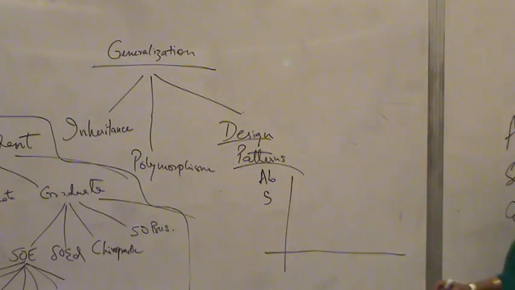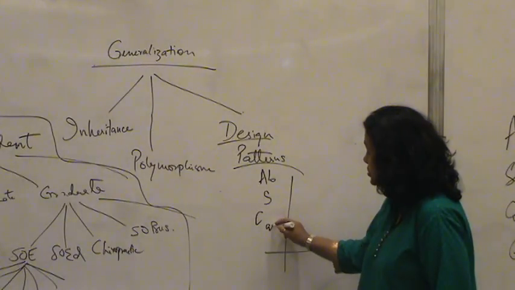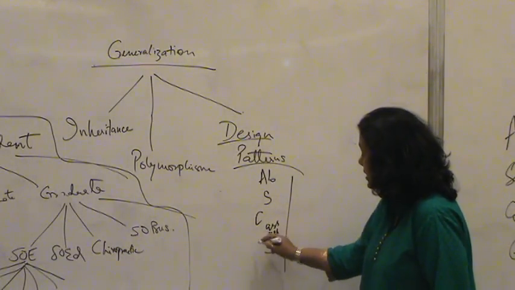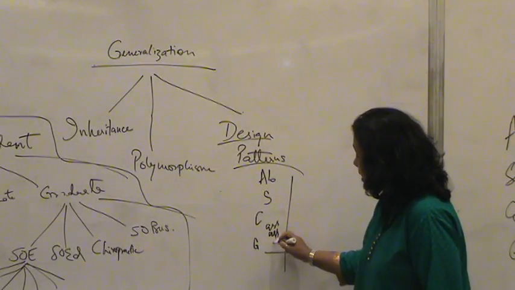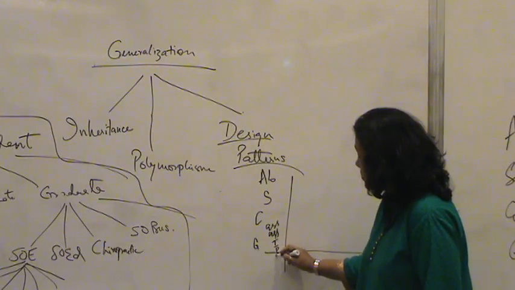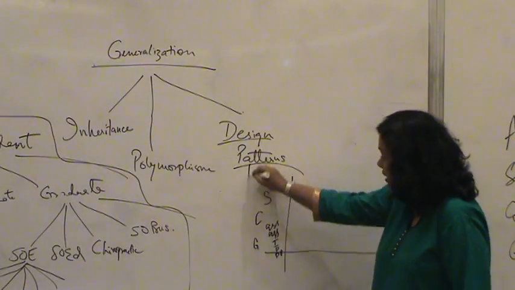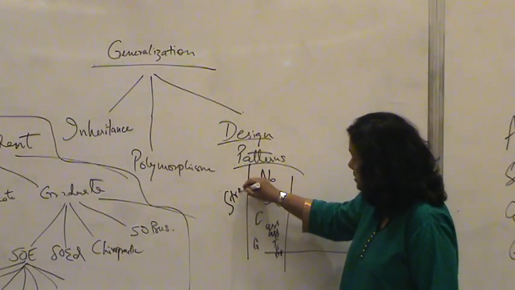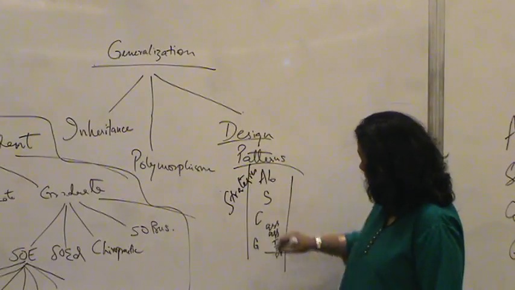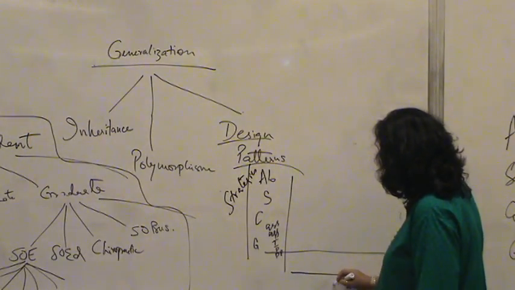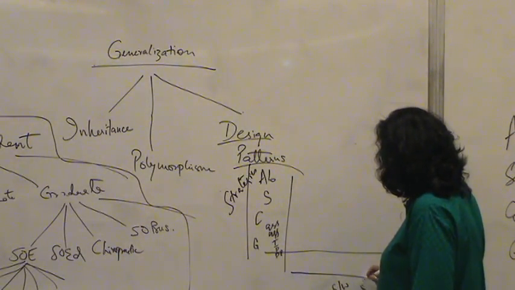Again in composition, first your association, then your aggregation, then you go to generalization in the order of inheritance, polymorphism and design patterns. And here are your strategies and here are your software structures.